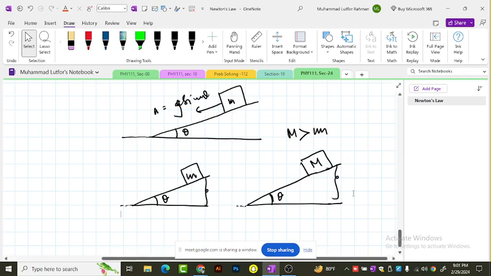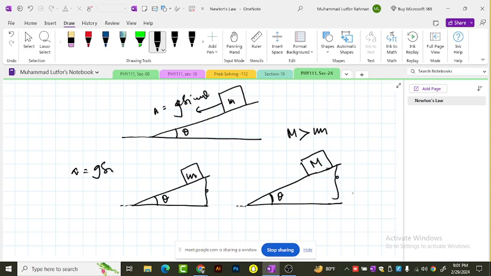Yeah, your answer is right. Absolutely, you are right. They will obviously fall at the same time. The reason is simply that the acceleration is g sin theta. It is independent of the mass, right? This acceleration is independent of the mass. It depends only on the angle theta and also g.